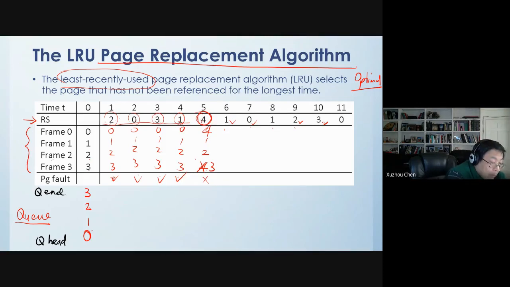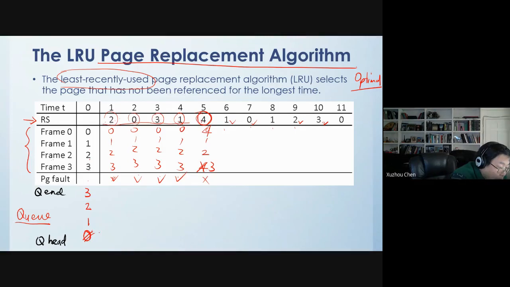So that's FIFO. Once 0 is replaced, 1 becomes the first page in the queue, and 4 will be the last one.